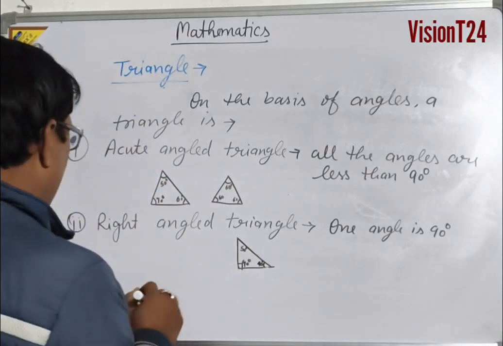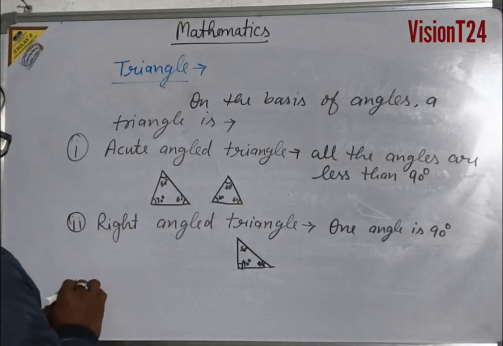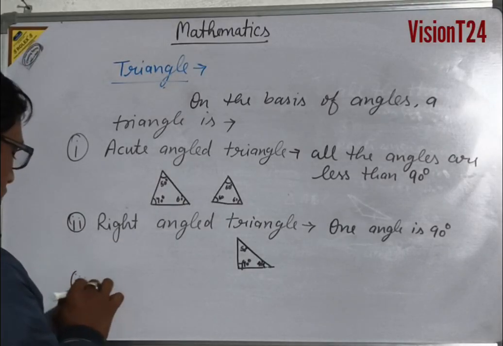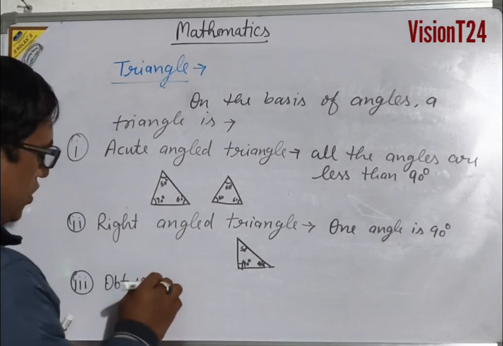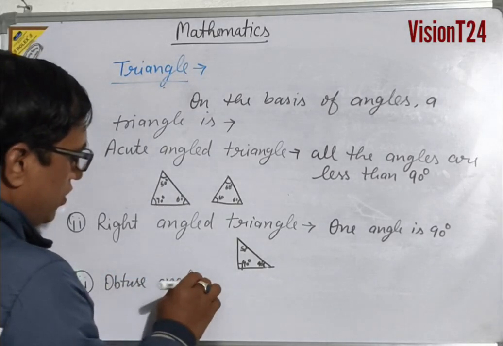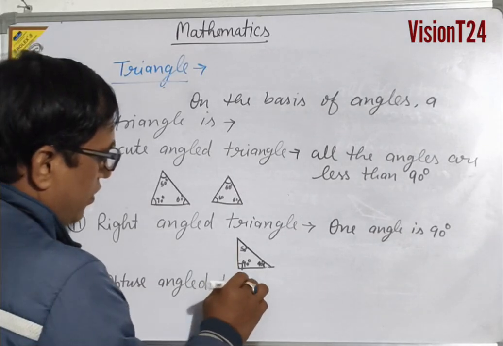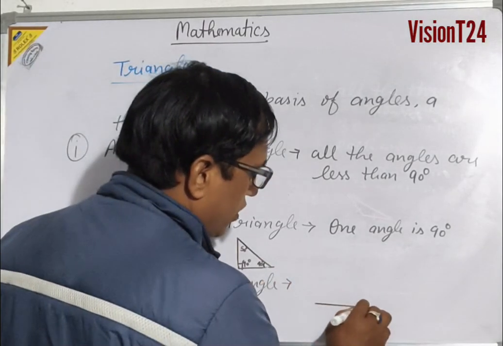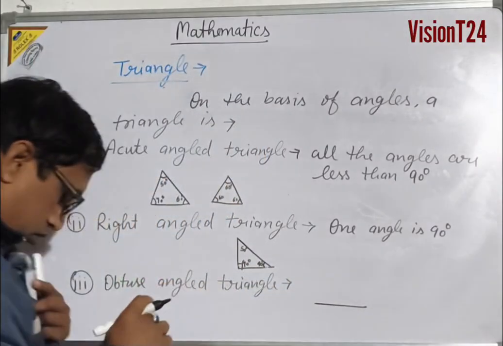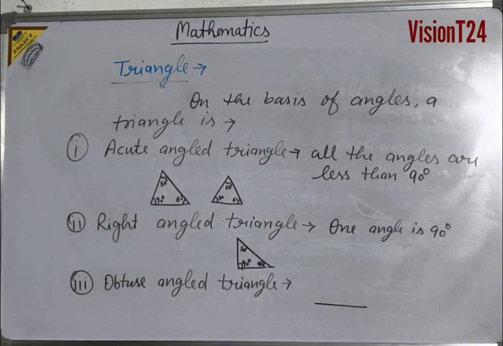Okay. Now the third type of triangle will be obtuse angle triangle. Obtuse angled triangle. Obtuse angle triangle, that will be how much? One angle will be more than 90 degree.